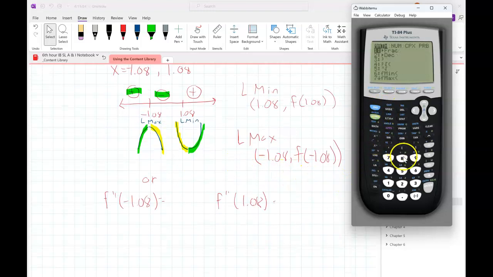And then I'm going to do math and derive. And I'm going to do y3. That's where I typed in my first derivative. And I'll do that at negative 1.08.